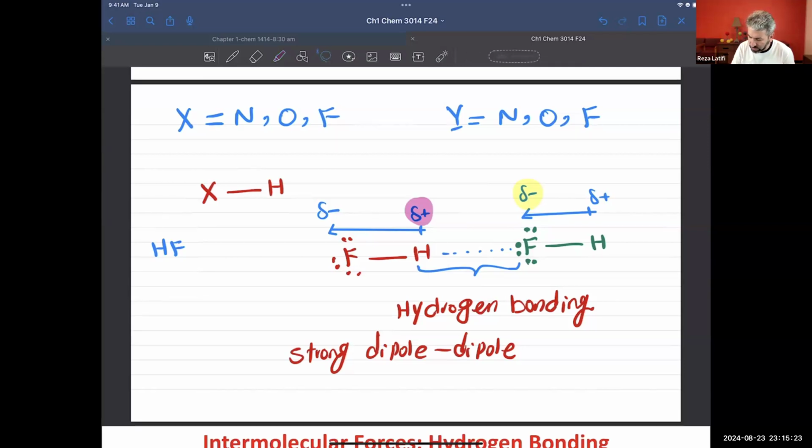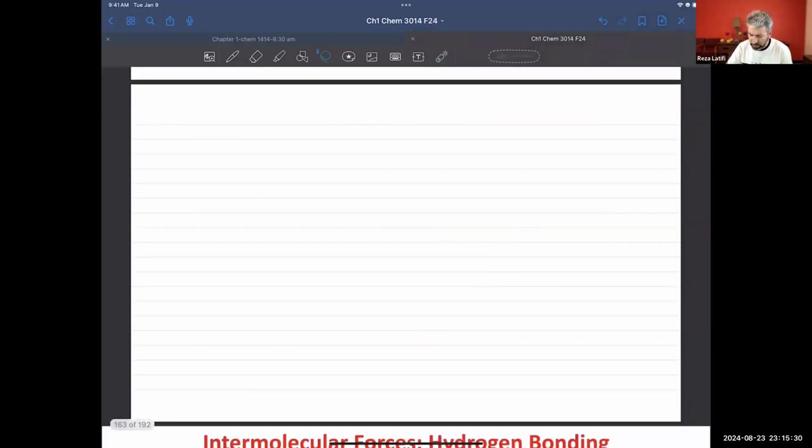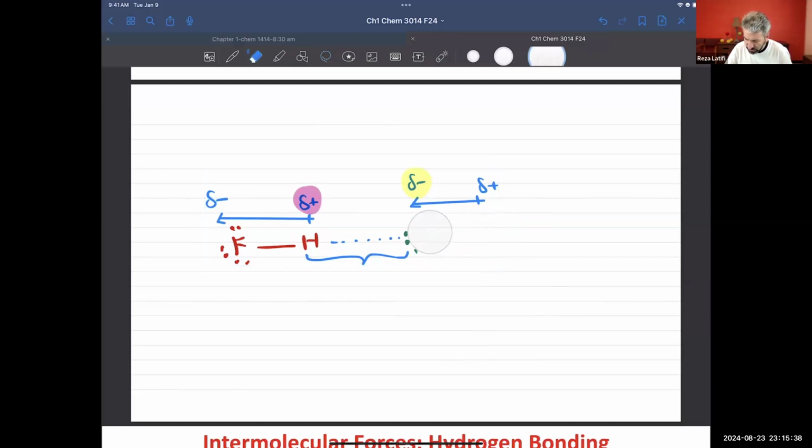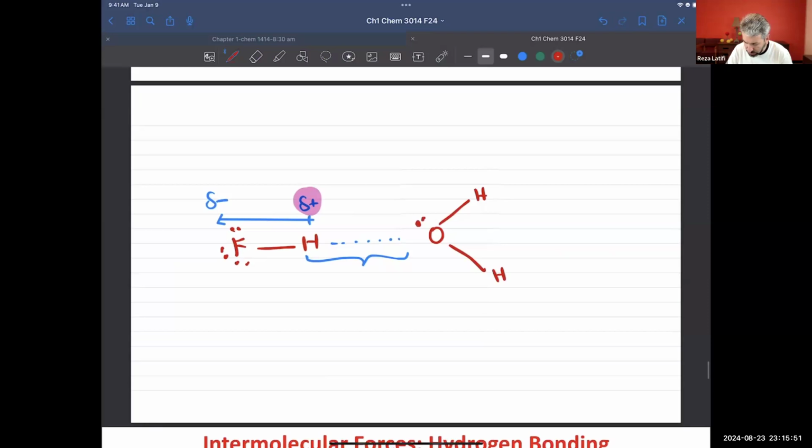You can change this, for example. Instead of HF, I'm going to put water. So water has 2 hydrogens and 2 lone pairs on oxygen.